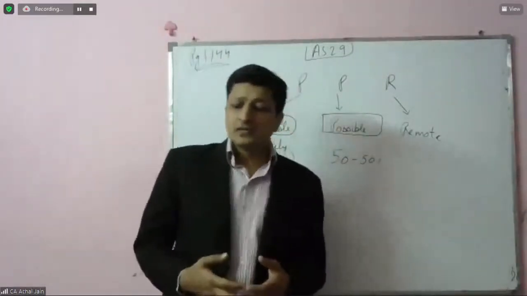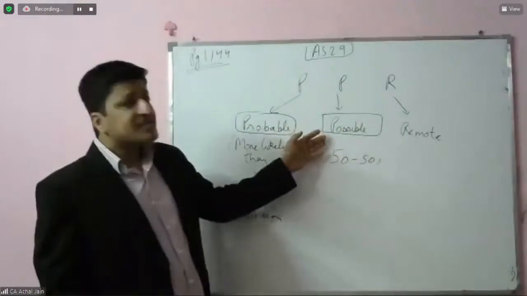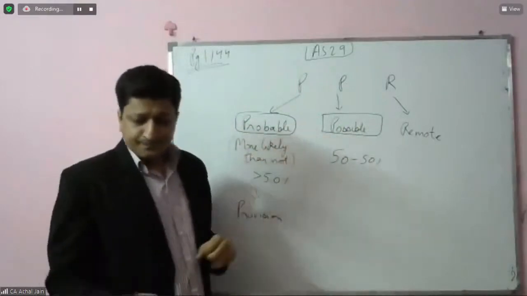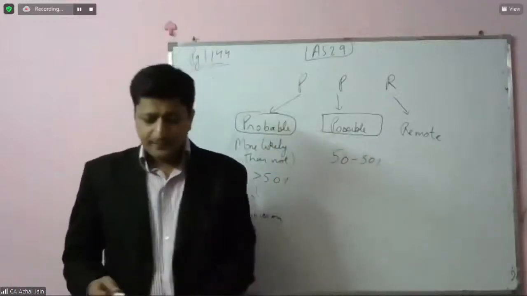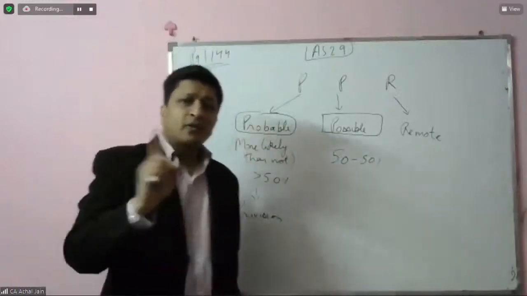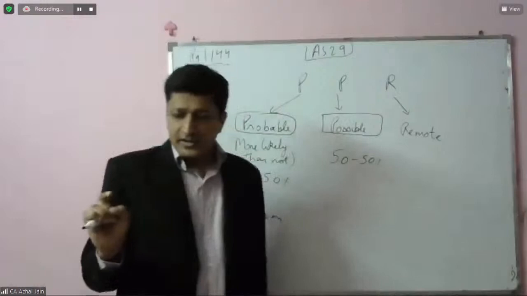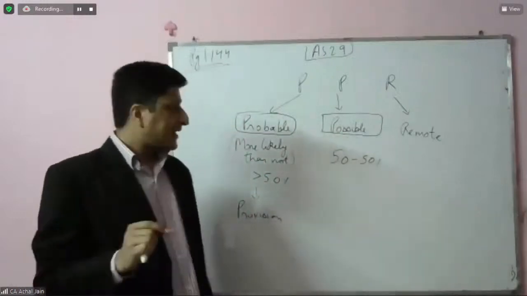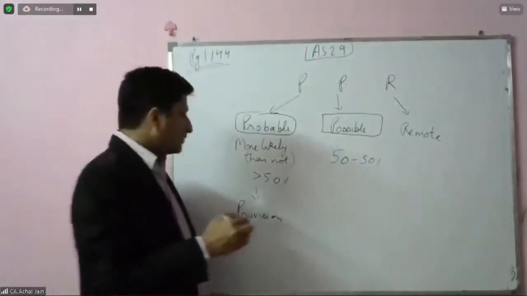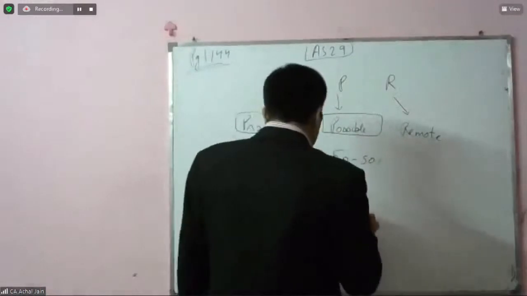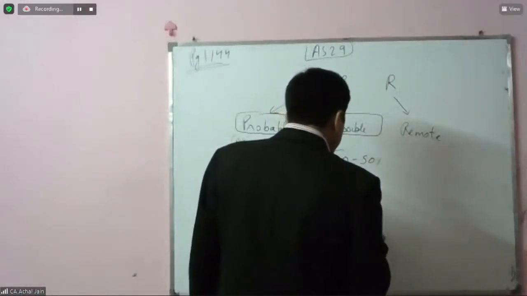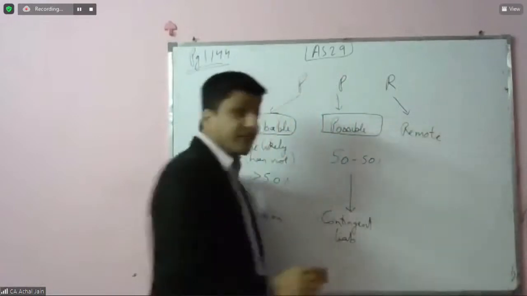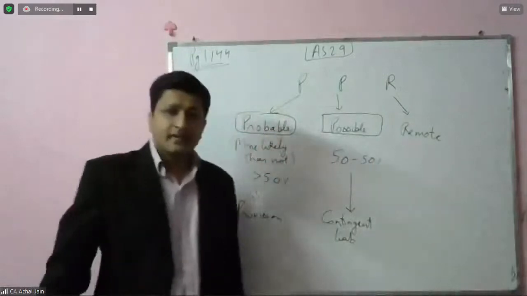What do we call it? We call it the second situation, possible. And the moment we say it's 50-50, then the provision will not be recognized in the financial statements. In such a case, instead of recognizing a provision, a contingent liability will have to be created.